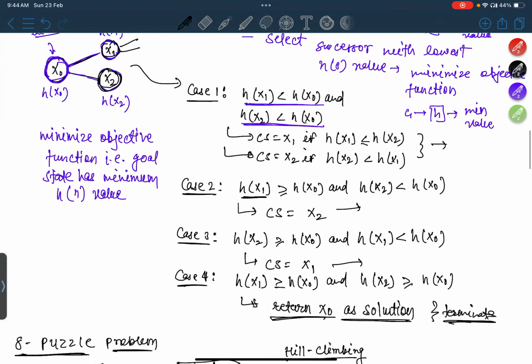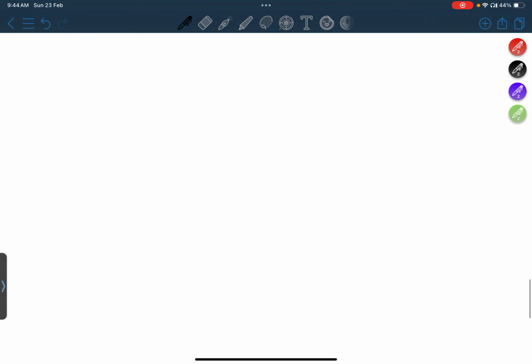But see, this is good because we took an example where this works. But there are some scenarios where this doesn't work. Our algorithm won't be able to reach the goal. For example, remember when we started from x, we said its successors were x1, x2 and x3.